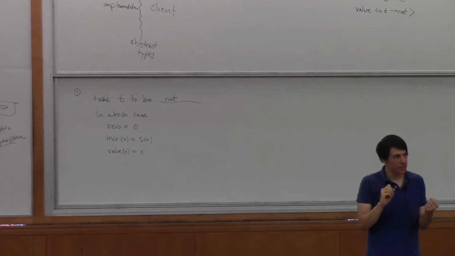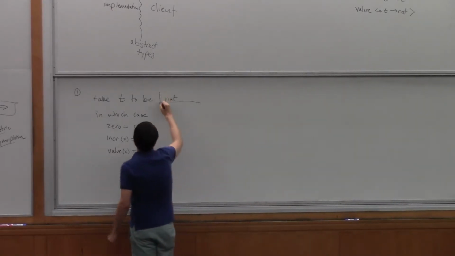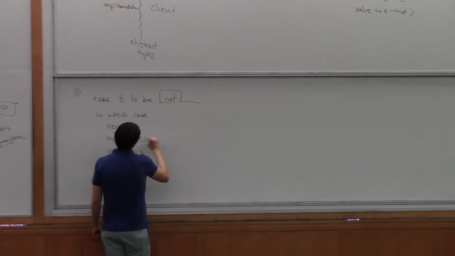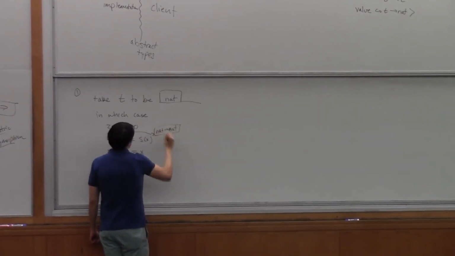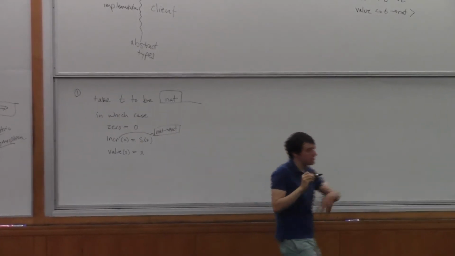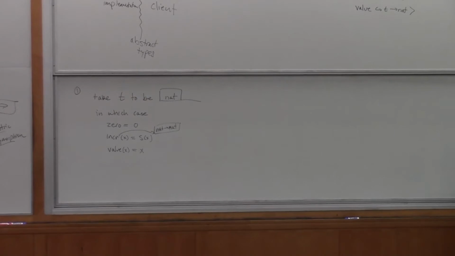It type checks because when we take the private type to be something specific, now, for example, increment has to have type nat arrow nat because we've chosen t to be nat, and we type check the body knowing that t is supposed to be that. So here's how we'll model that.